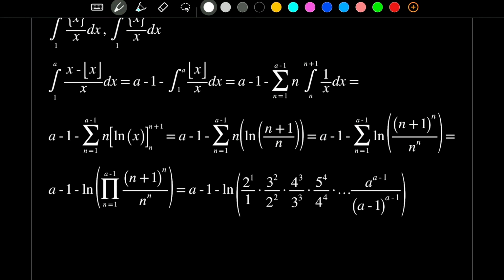And now we can actually see some massive simplification, which is really quite nice in this product here. So what are we going to see? We're going to see that this 2 and the exponent here cancel out. So basically we've got 2 times 2, and we divide by 2 times 2, and we multiply by 2. So this is just going to be 1, and this exponent is going to go away. We're going to see that pattern repeat.